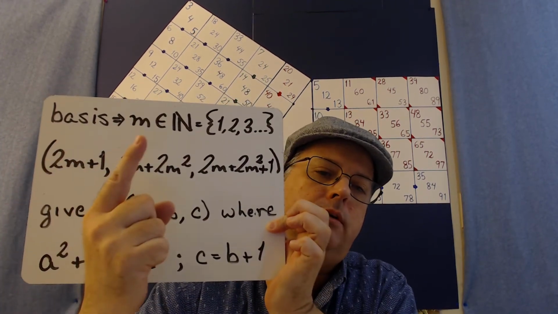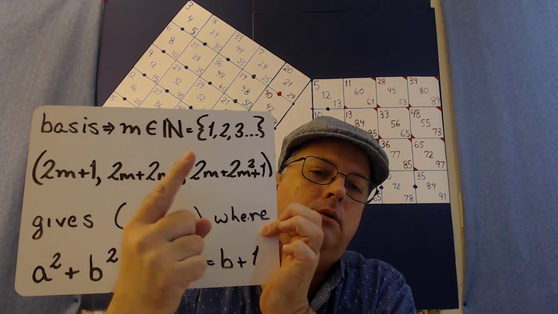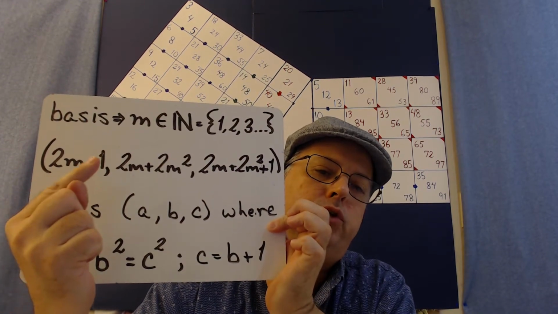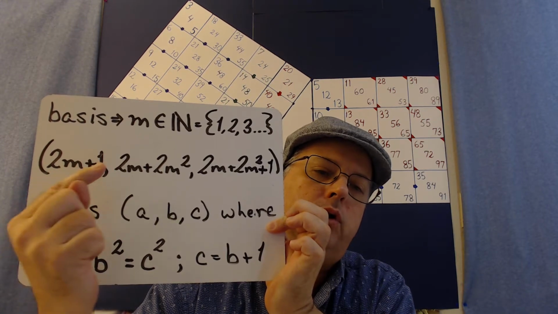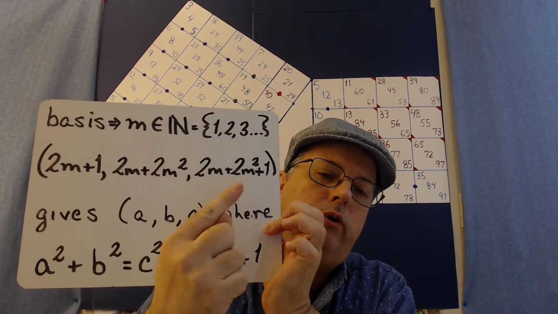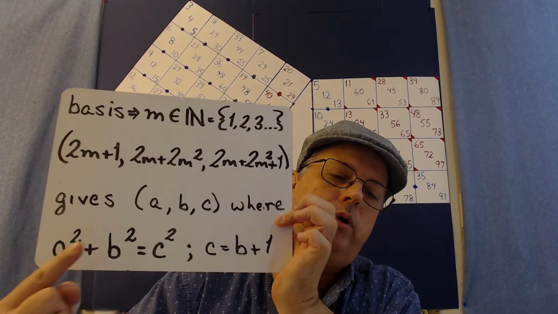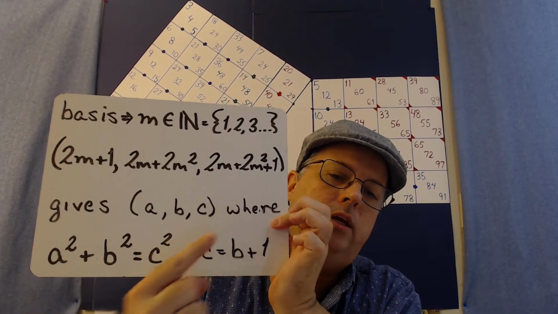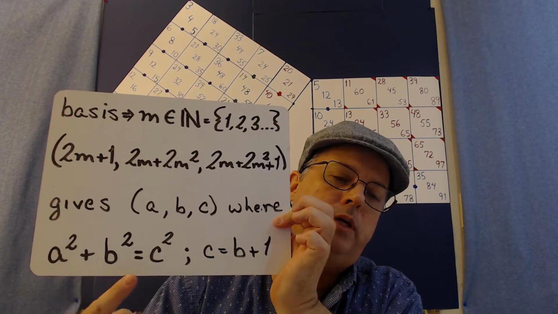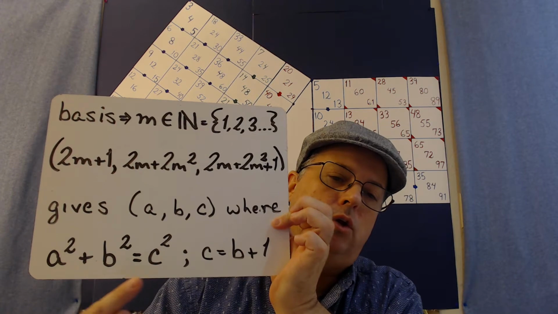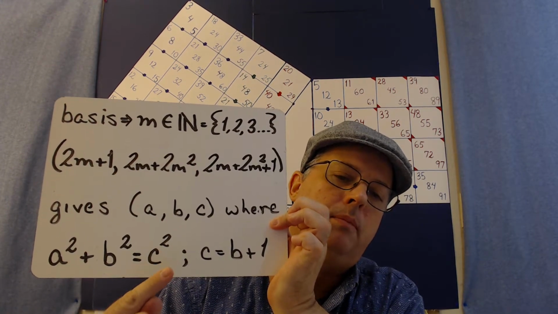And so if we have a number m from the counting numbers, and we substitute that m number into these algebraic expressions, this will give us an a, b, and c, where a squared plus b squared equals c squared, a Pythagorean triple that is a solution for the Pythagorean theorem.